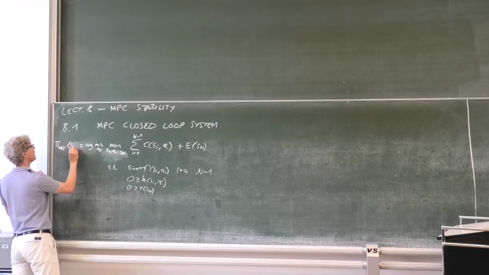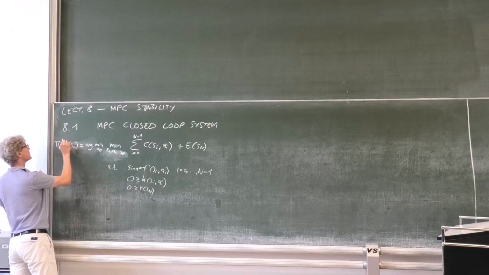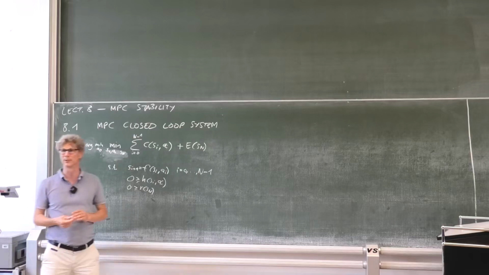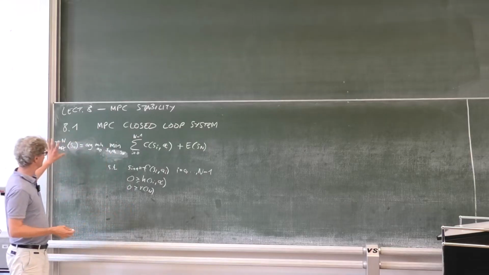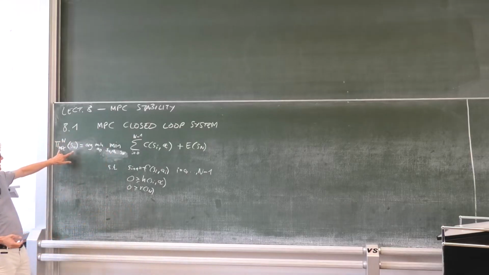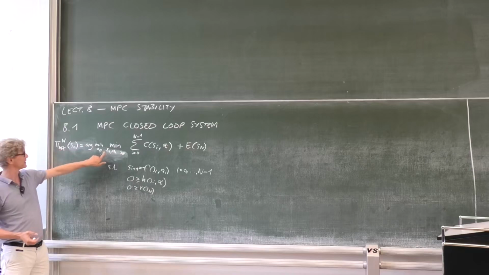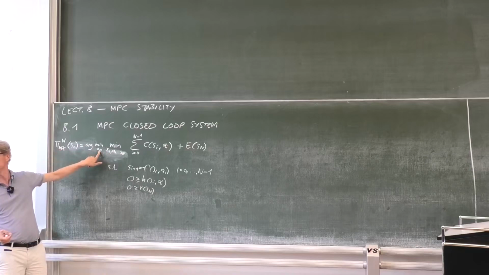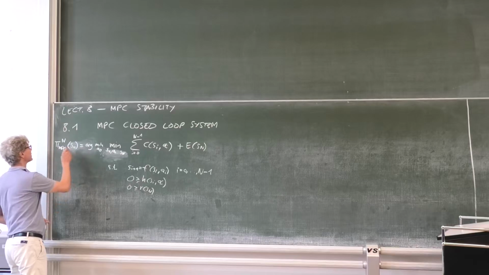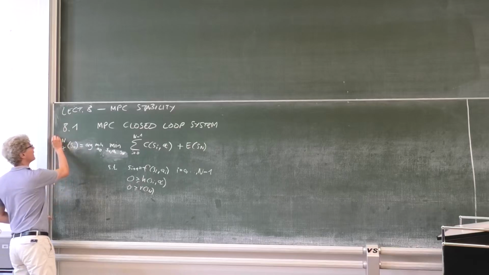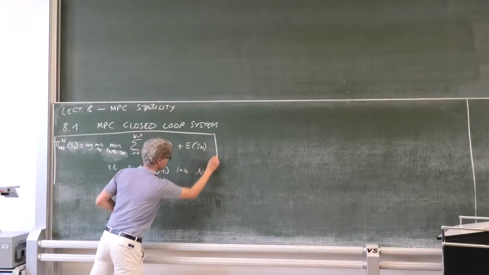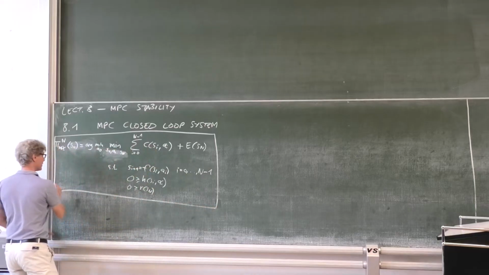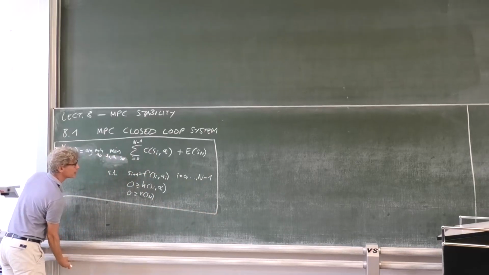This is a function of S0, and I also put an index for the n, which is the time horizon. So I'm interested in getting the feedback that is basically the optimal action for A0. Yeah? So let me put this into a big box. That's defining our MPC feedback.